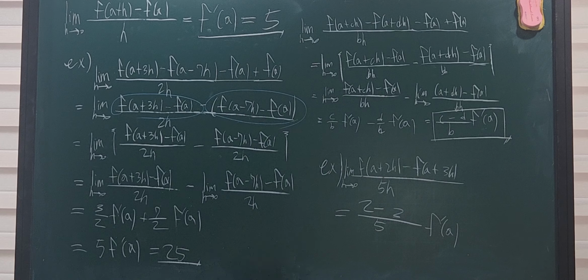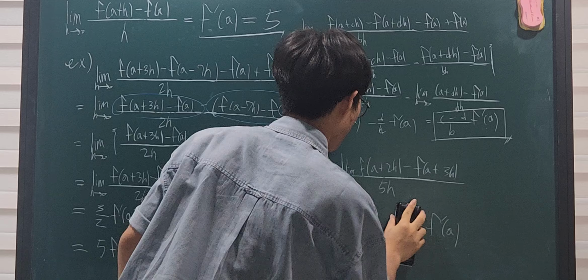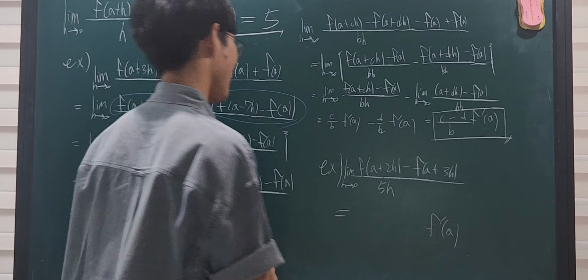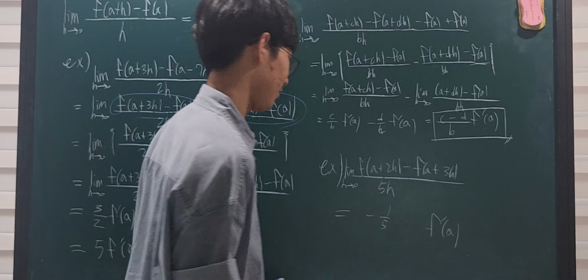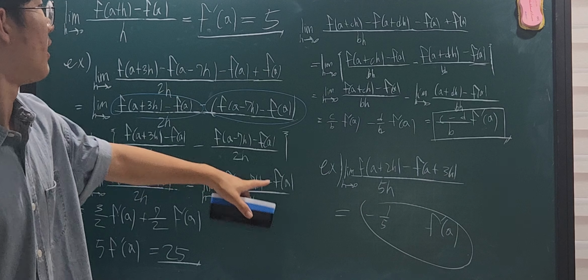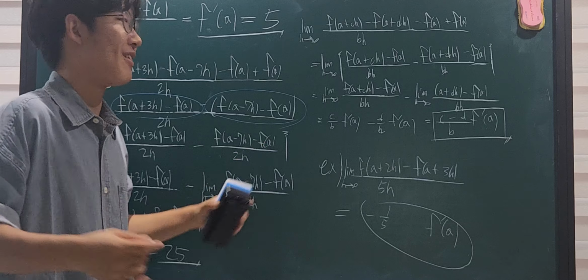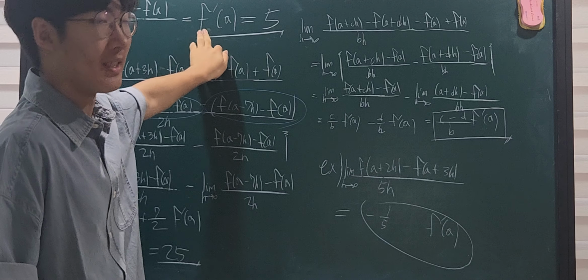So what can this be evaluated as? 2 minus 3 over 5 is negative 1 over 5. So negative 1 over 5 it is. This is the answer. So it is really, really easy, right? However, only because of the supposition that this exists.